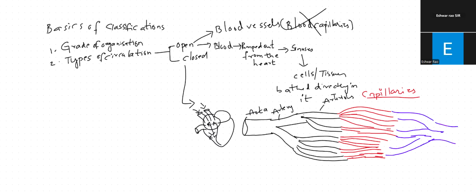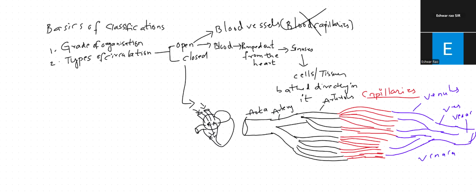These are veins, and these are venules. These veins combine to form the vena cava, the larger blood vessel. Clear?